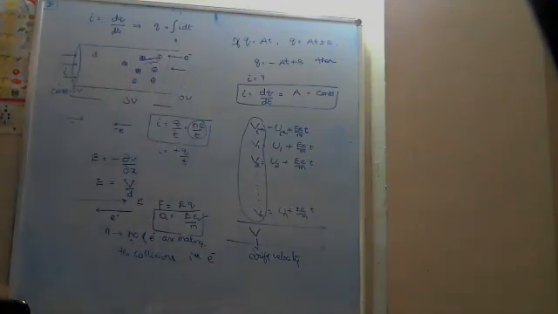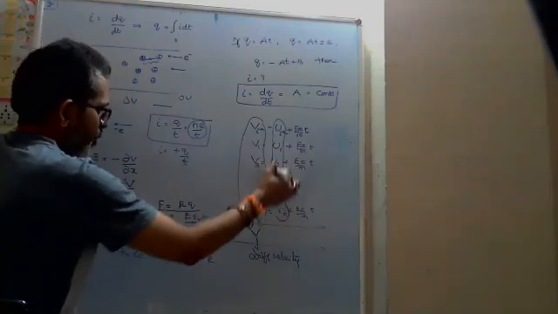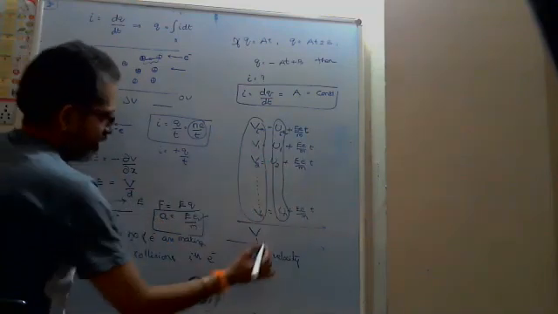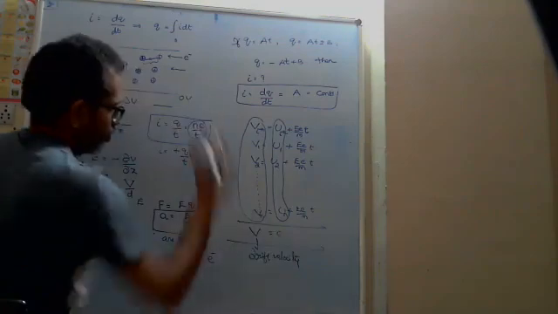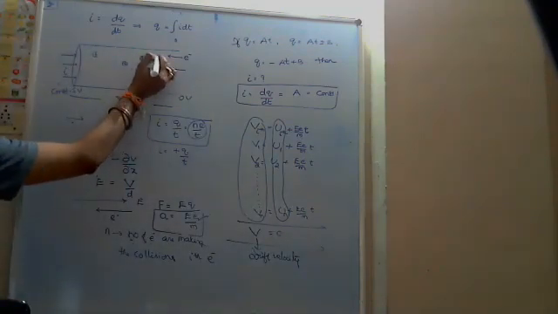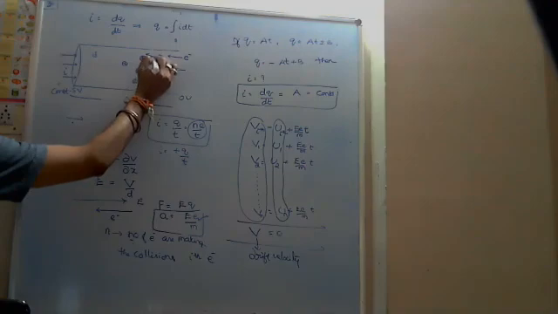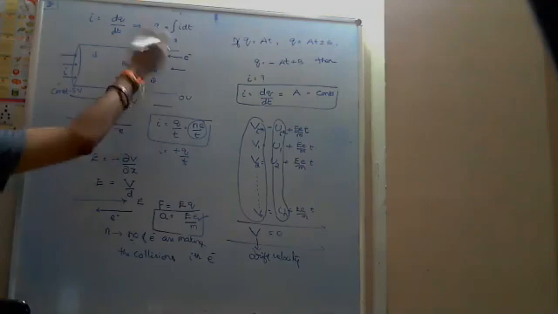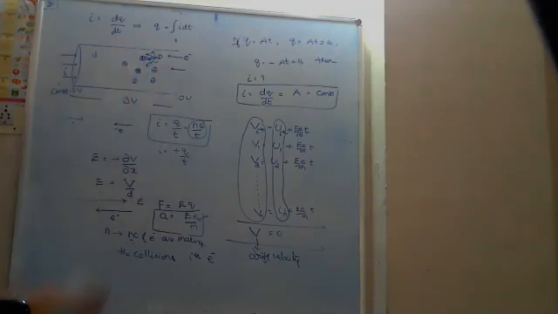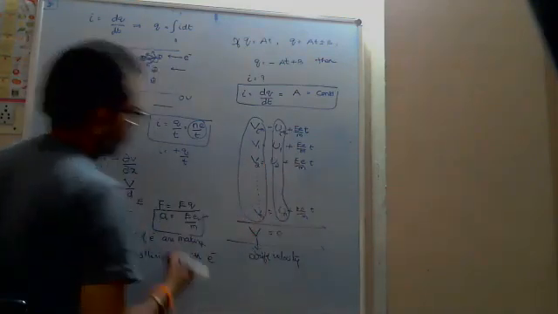The average of their initial velocities, if you take it for all particles, you will get as 0. Why? Because while making the collision, the first particle may move in this direction, after the first collision the second particle may move in that direction, the third may move in this direction, and so on. If you take the average of all, you will get the average velocity equal to 0.